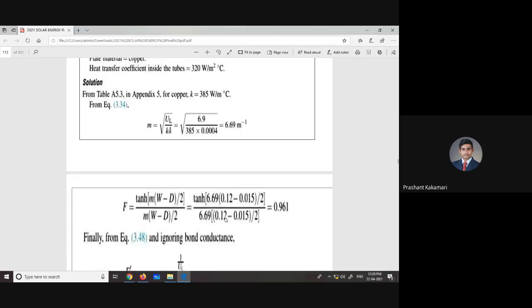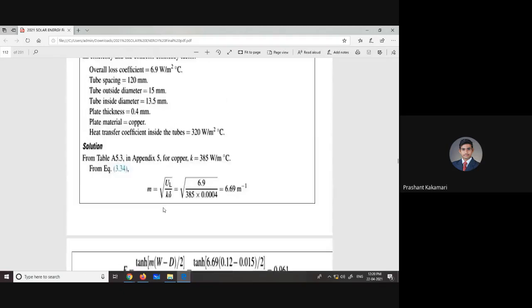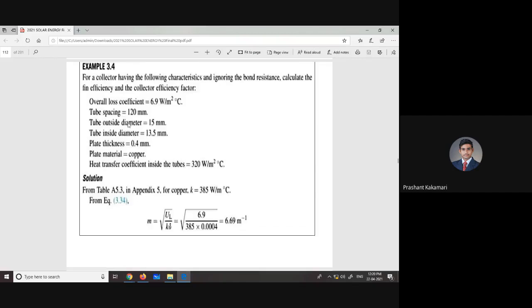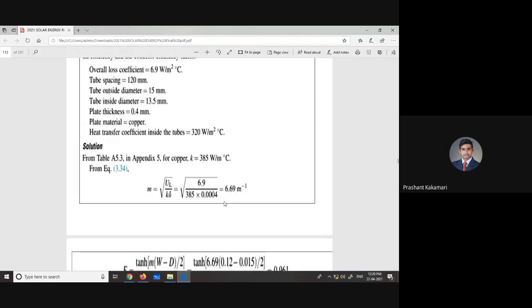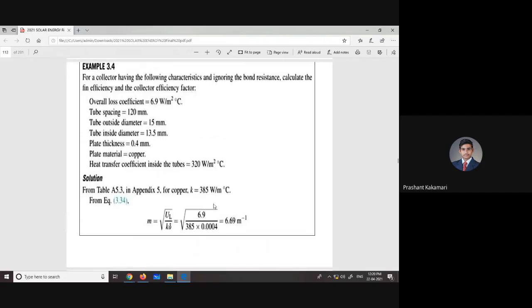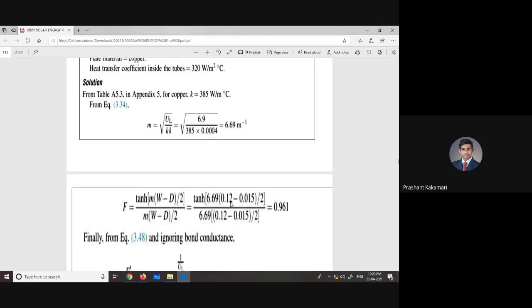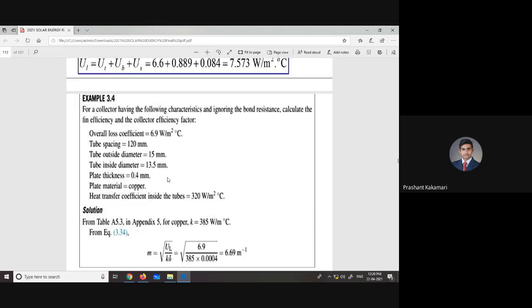Taking the collector, see where the width of the collector is given. Here they have taken the width as 0.12, or the tube spacing is 120 mm. Actually you have to consider the width depending upon the tube spacing as well as the length of the tube collector.